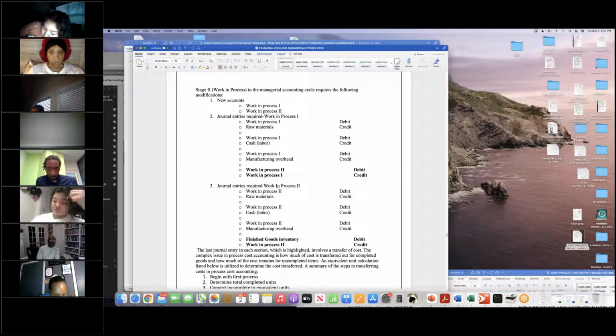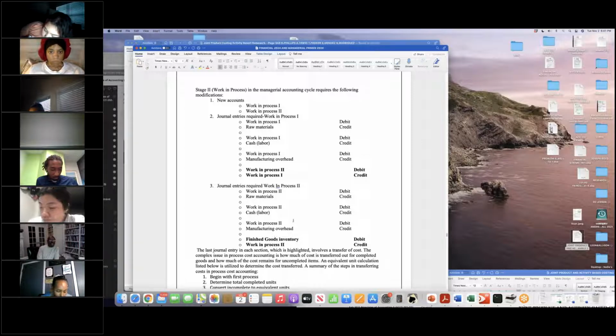And then we're going to go from work in process 2 to finished goods. So we have a set of costs in process 1, another set of costs in process 2, and we add them all together.